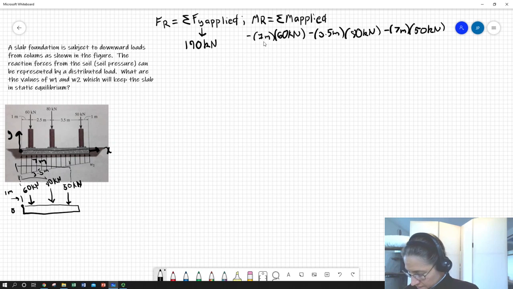So it's pretty easy. Negative 60, 3.5, enter, 80 times, plus 7, enter, 50 times, plus, and I'm going to calculate that backwards just to make sure. 7 times 50 should be 350.